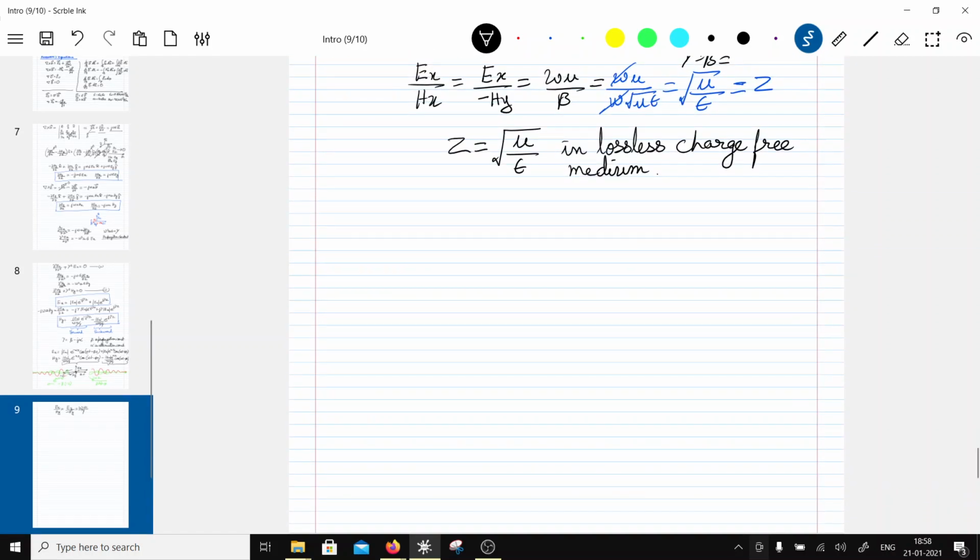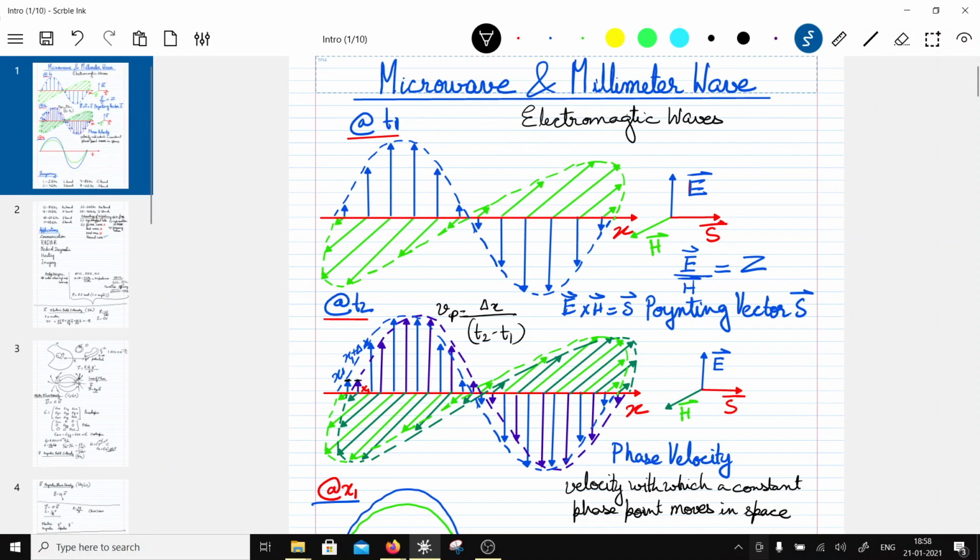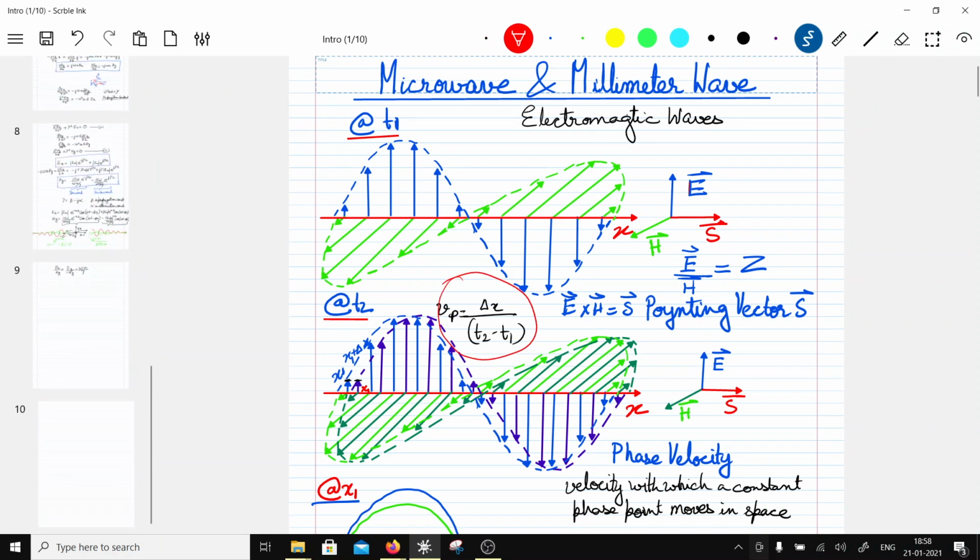Now the next thing to understand is, if you remember the very first discussion, we talked about something called phase velocity, right? So now we are going to look at what that is going to be.